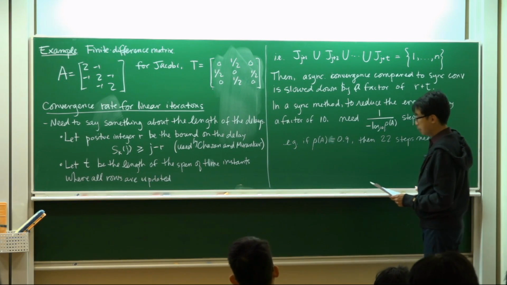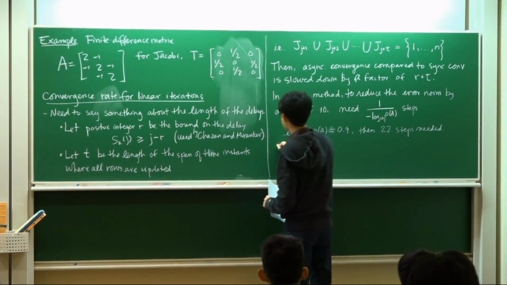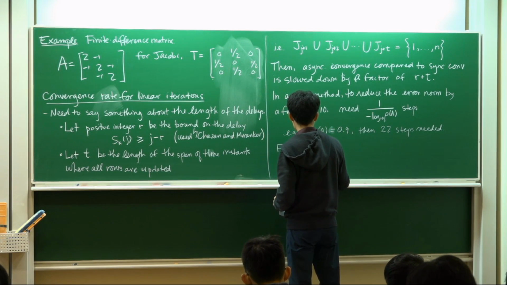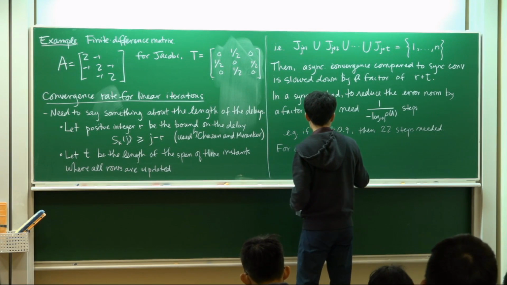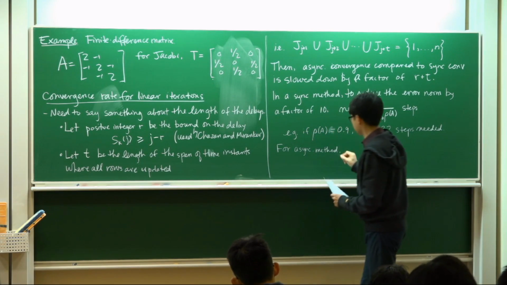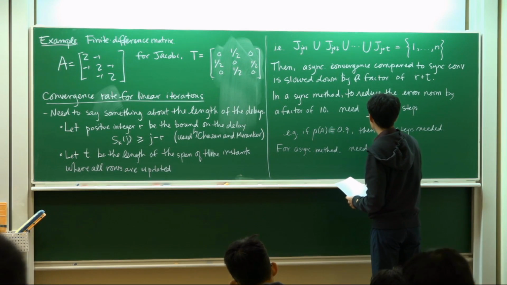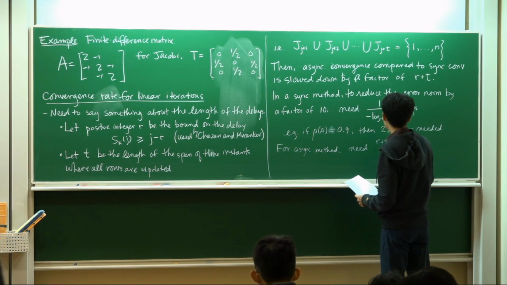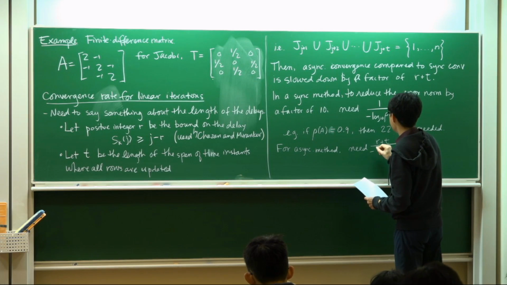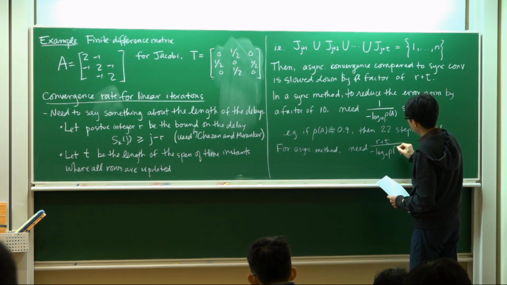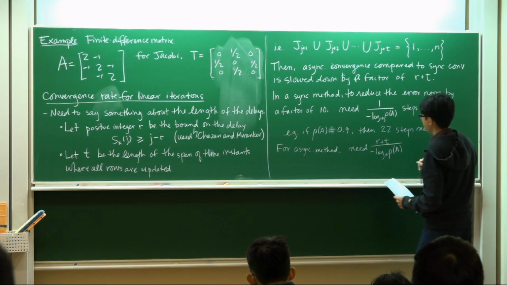And then for asynchronous methods, we need r plus t divided by minus log in base 10 of the spectral radius of A.